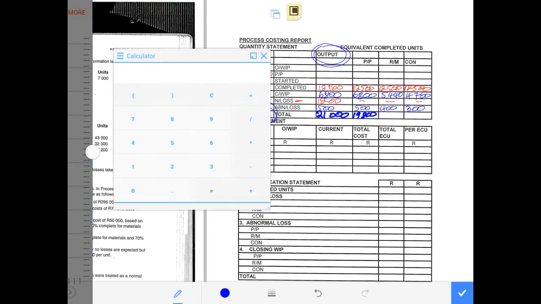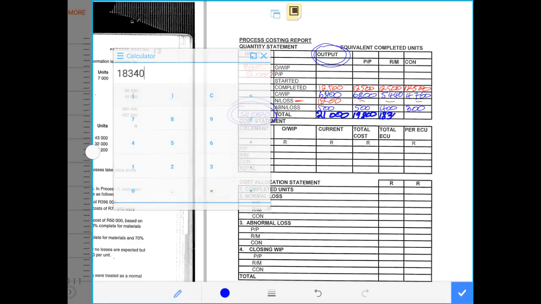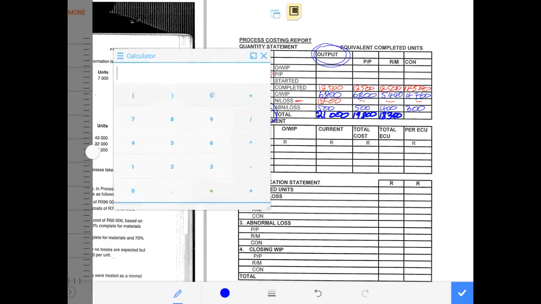Then it will be 12,500 plus 5,440 plus 400, which will be 18,340.